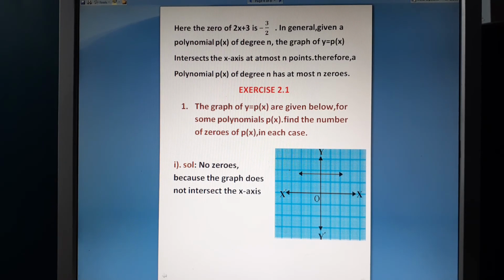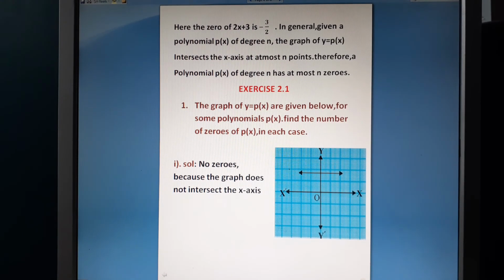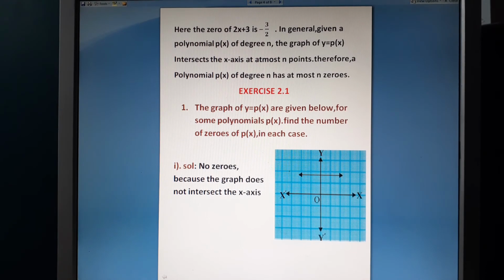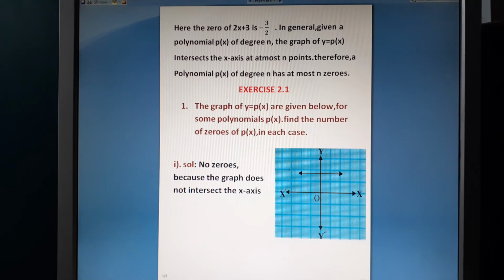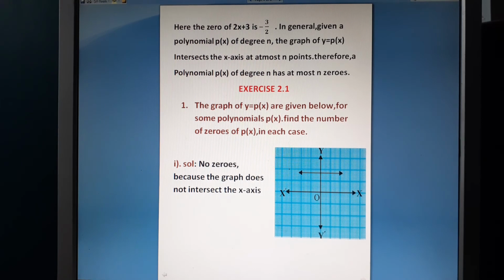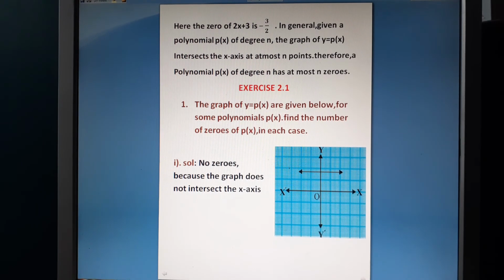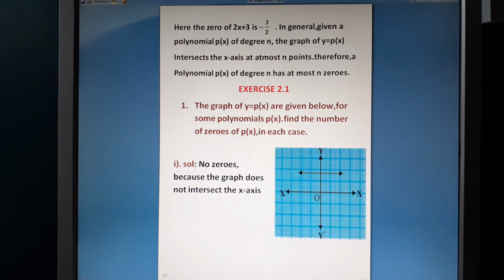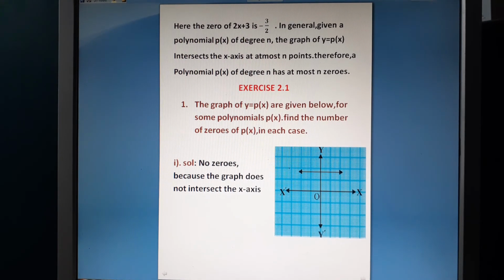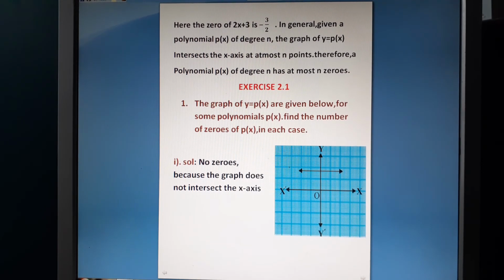See the first figure, first graph. The graph intersects the y-axis only. There is no intersection in the x-axis. So here, no zeros. The graph has no zero because the graph does not intersect the x-axis.